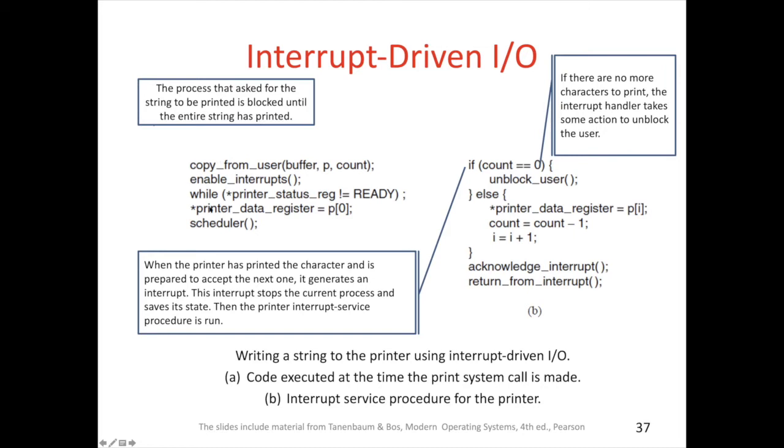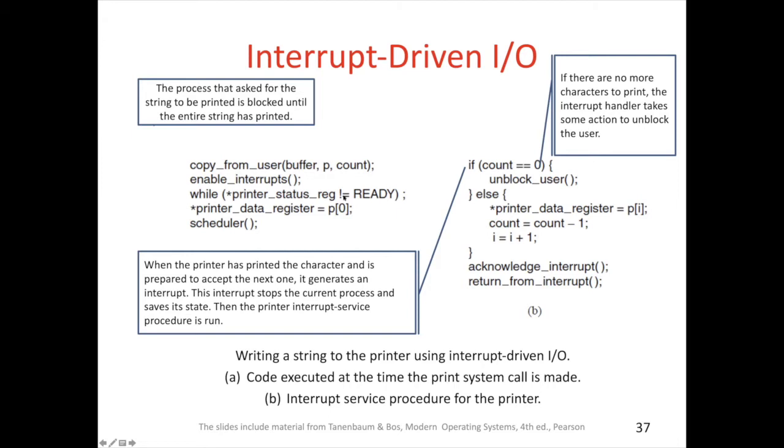In part A, the code executed at the time the print system call is made is given. First, copy_from_user(buffer, p, count). The content of the buffer is copied to p. The number of characters shown by count is copied, and then enable interrupts.